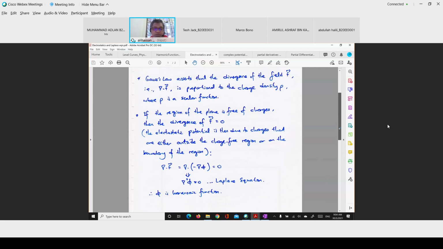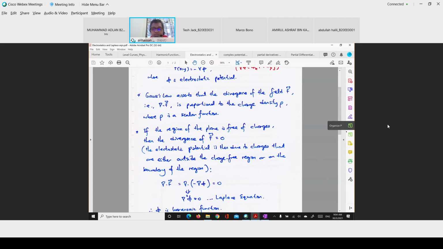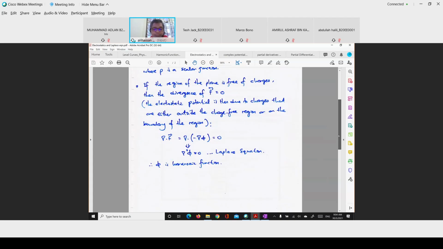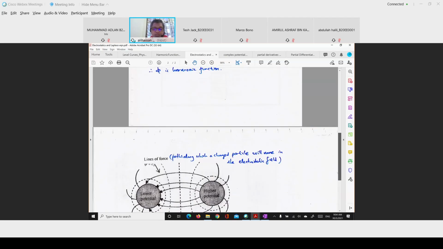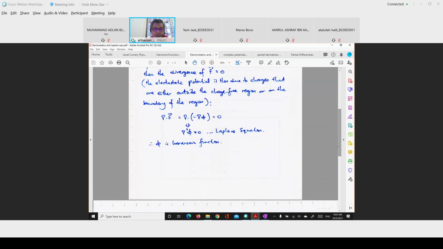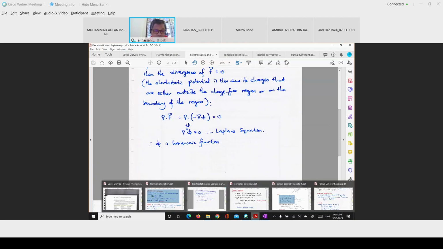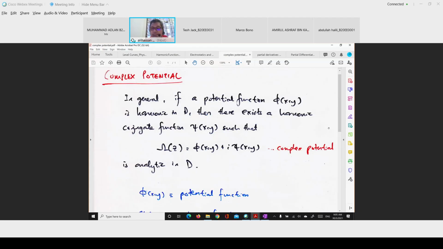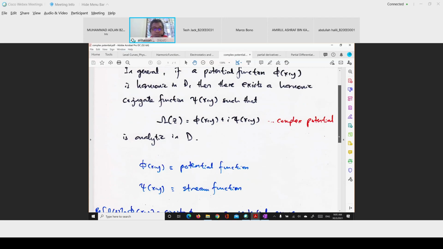So phi here is called the electrostatic potential. And it can be shown that complex potential here. So if phi is an electrostatic potential, we can determine another function, psi here, which is called the stream function.